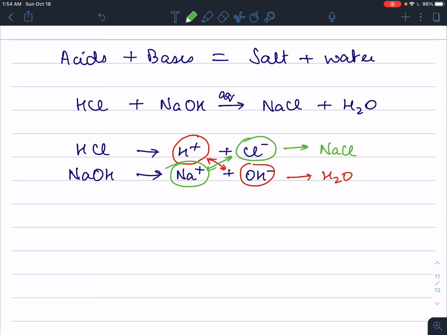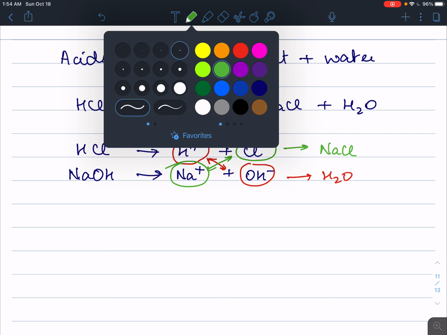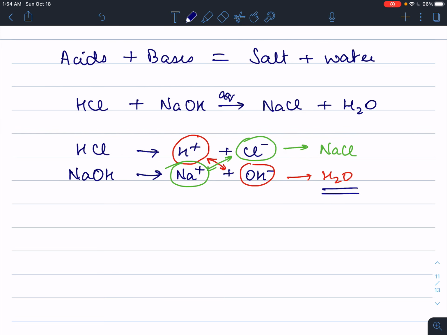So no matter what acid and what base you react, you will always get water. The salt that you get depends on which particular acid or base you reacted to get there.